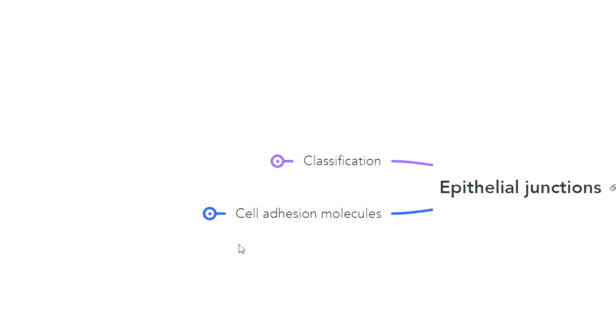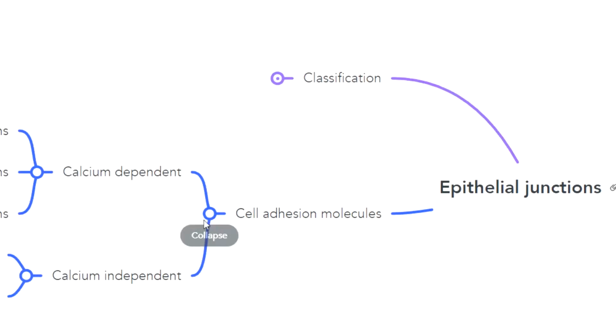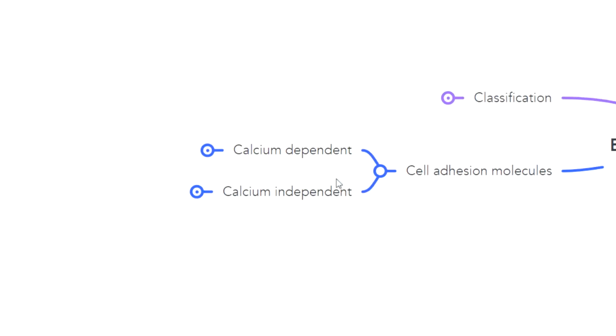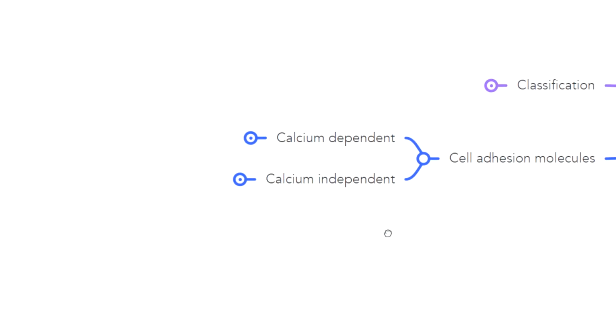So these are called epithelial junctions. Now, these epithelial junctions occur through the help of cell adhesion molecules, which are further classified into calcium dependent and calcium independent cell adhesion molecules.